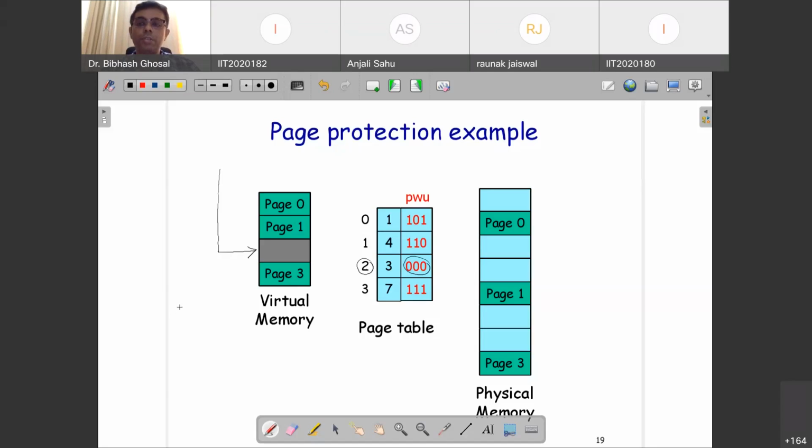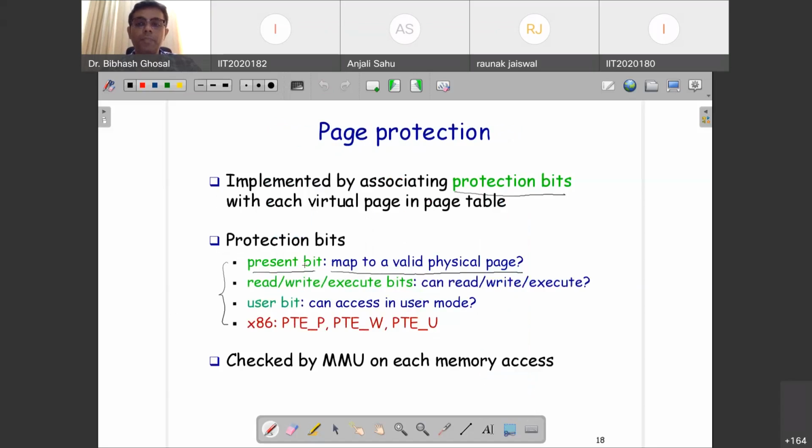That is done through these bits. It is nothing but a representation that there is no valid page corresponding to this particular virtual page address. Okay, this is the meaning.